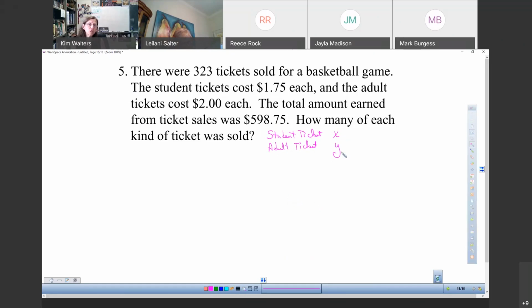And so the first equation has to come from adding the student tickets to the adult tickets. And that total is somewhere in this problem. Can somebody tell me what X plus Y has to be equal to?